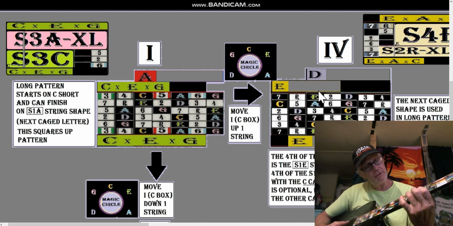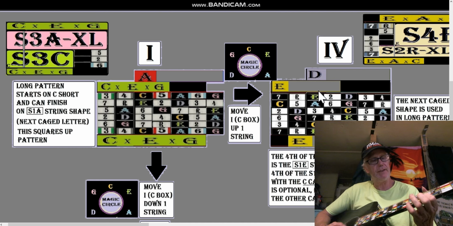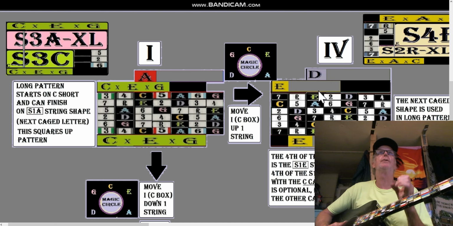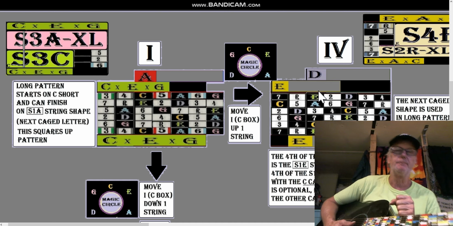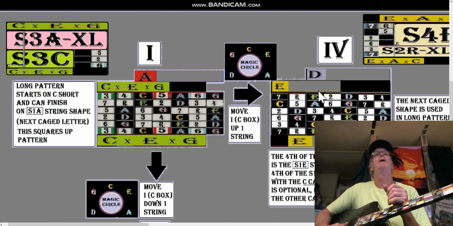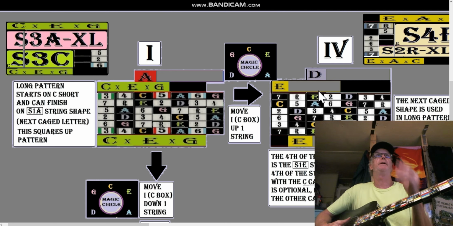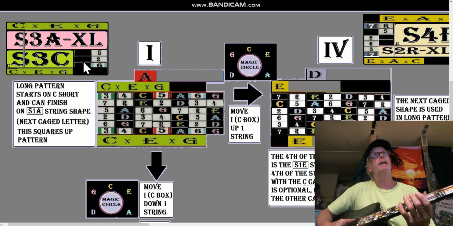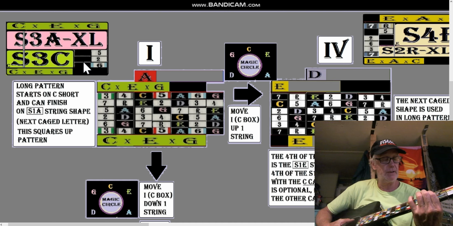From there, we can just go from D, fifth of D is A, fifth of A is E, string shape fifth of E is C. But that's the short pattern. We want to learn the long patterns. We can move the short pattern up, but for now, the long pattern, as written up there in the corner, is going to be the full S3AXL.